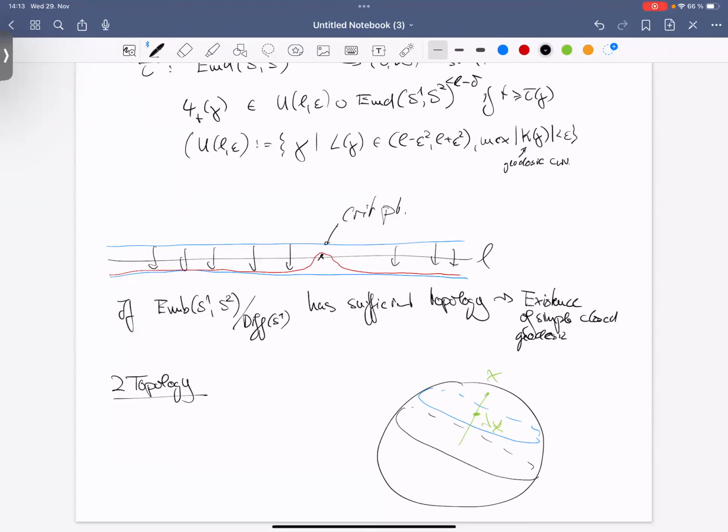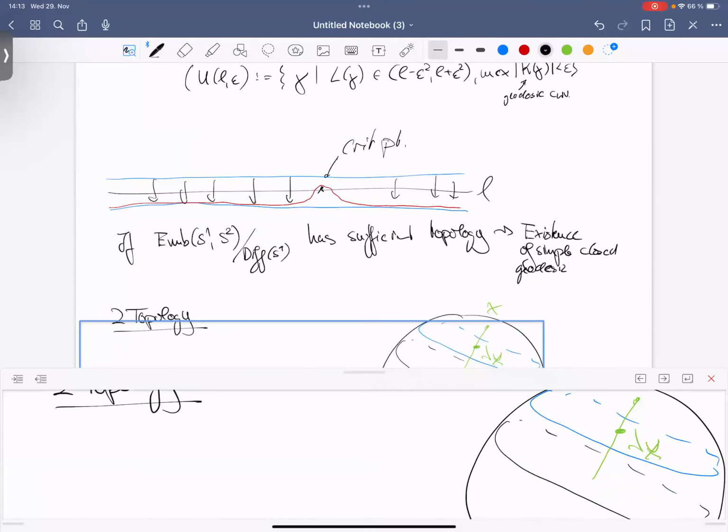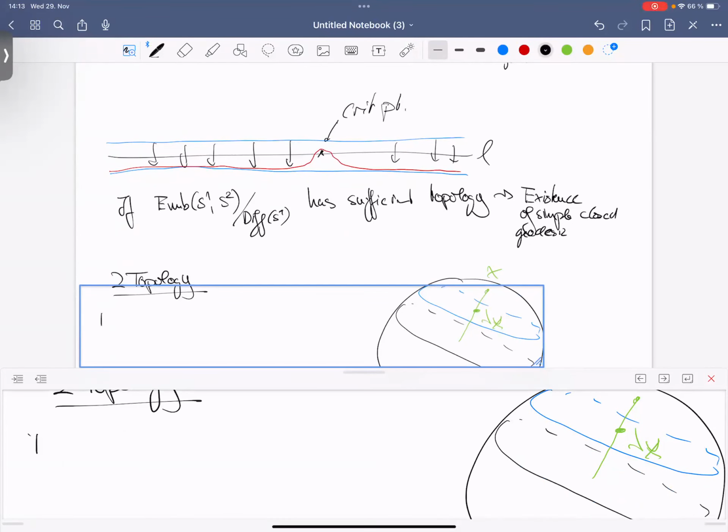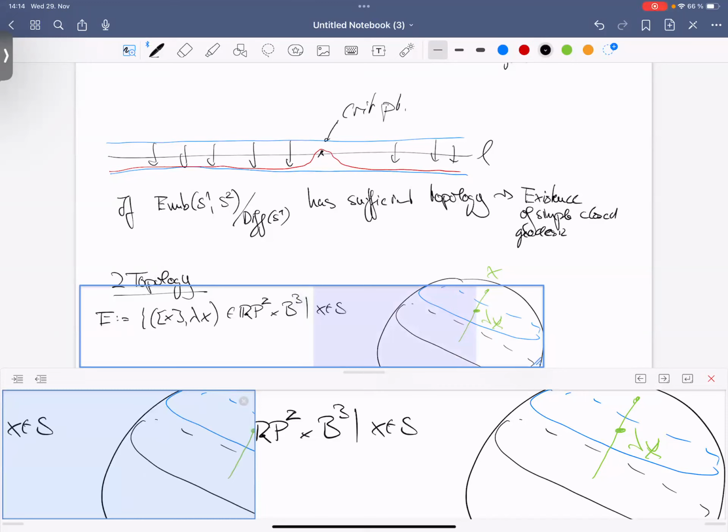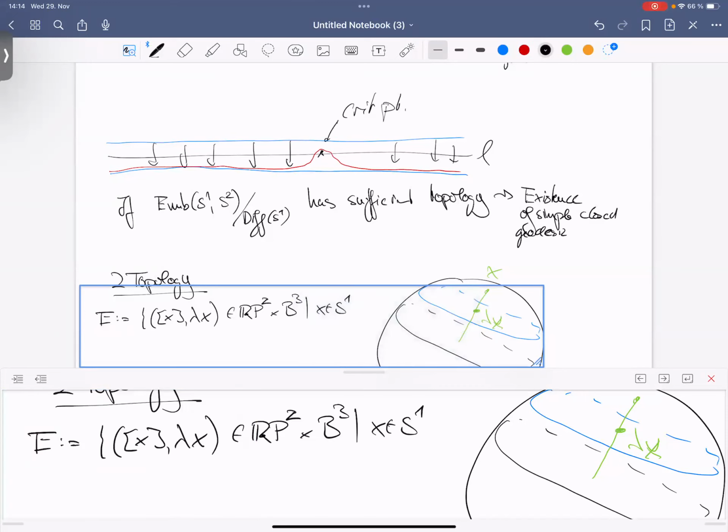So how do I put this mathematically? I define a certain bundle. This is nothing but a certain class of points in RP2 plus multiples of that point in RP2. This is an element of RP2 times the 3-ball, where x is actually a point on the sphere and lambda is some point between -1 and 1.